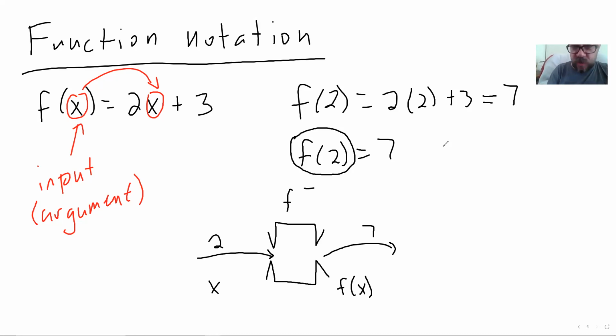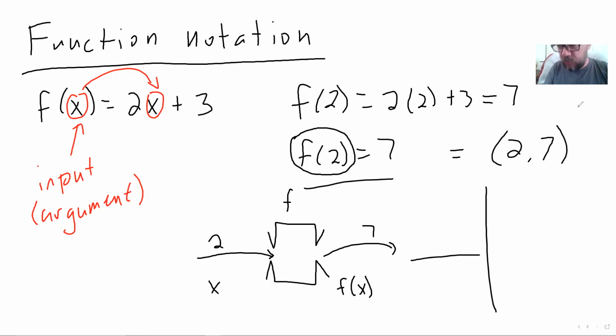This expression right here is equivalent to having this ordered pair, 2, 7. When I write this ordered pair here, what I really mean is, if I put 2 into my function, the thing that I get out is 7. And then I would graph that point here, if this is 2, 7. So all of these are saying the same thing.